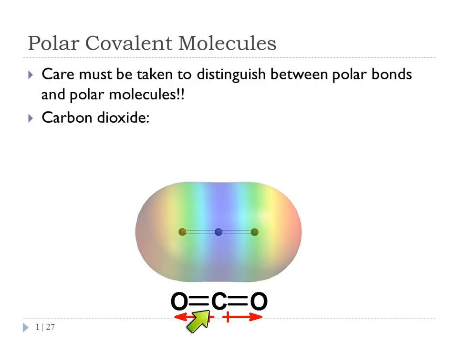This oxygen's pulling this way and this oxygen's pulling that way, and overall there's no movement because they oppose each other. It's really adding vectors in 3 dimensions, but I don't usually run into students that want to talk about vectors, so we won't talk about vectors. But you can have a nonpolar molecule that has polar bonds. And polarity is going to be a big deal in organic chemistry.